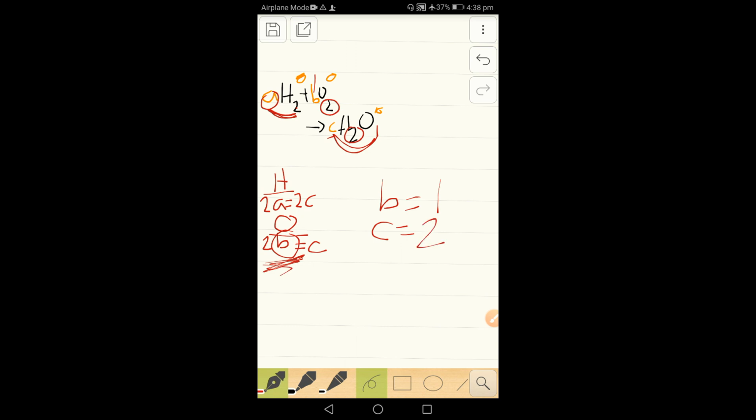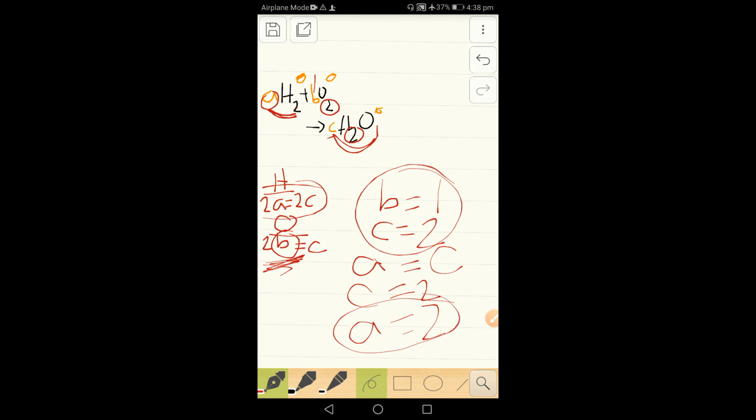And since 2A equals 2C, that means A must be equal to C, and C is equal to 2, so A must also be equal to 2. So we have got B equals 1, C equals 2 and A equals 2.